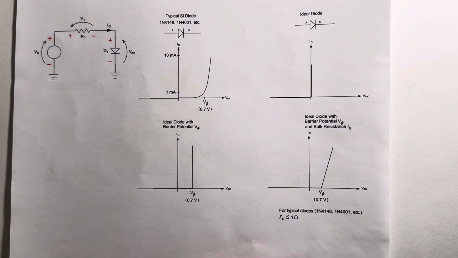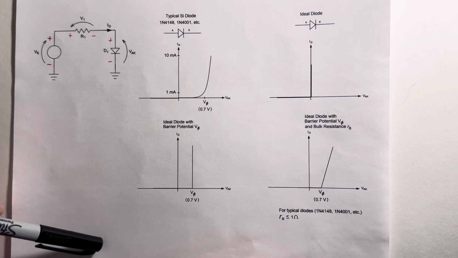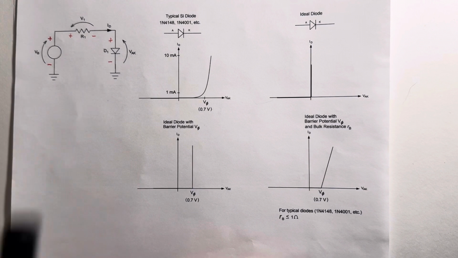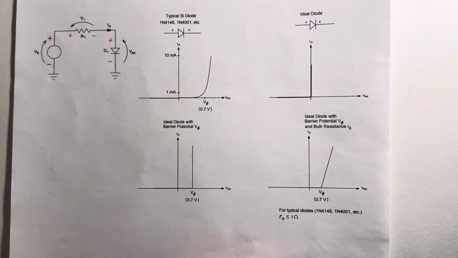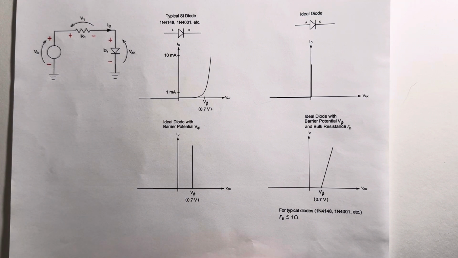All right, so we've got a typical series circuit containing a voltage source, a resistor, and what we'll assume is a silicon PN junction diode. Now, if we really wanted to analyze the circuit in excruciating detail, we would use the accurate model of the diode, which is described by Shockley's equation.